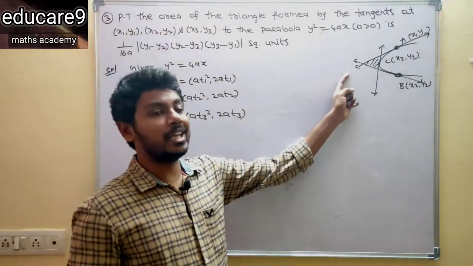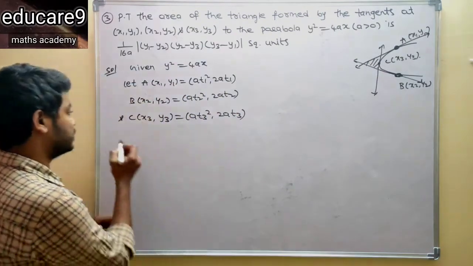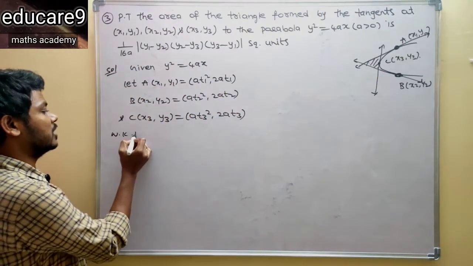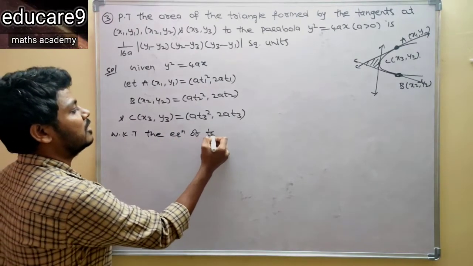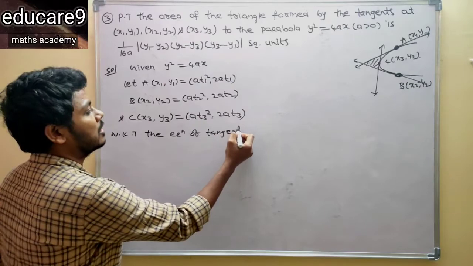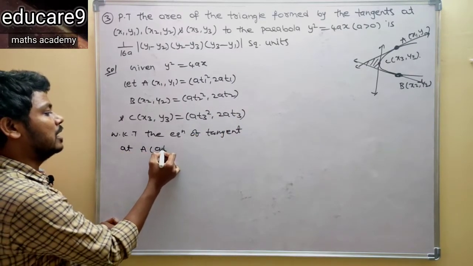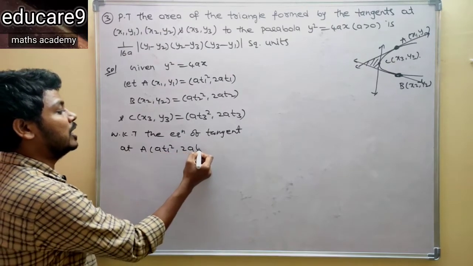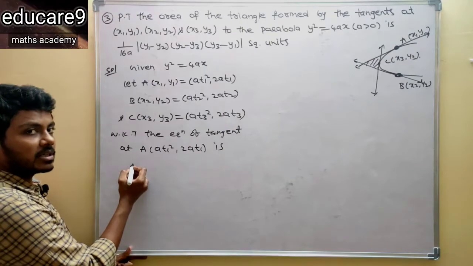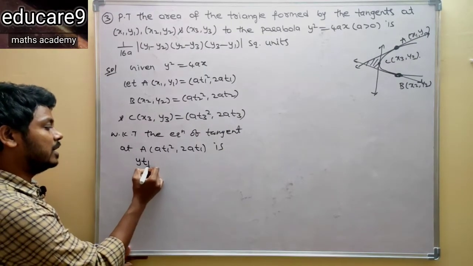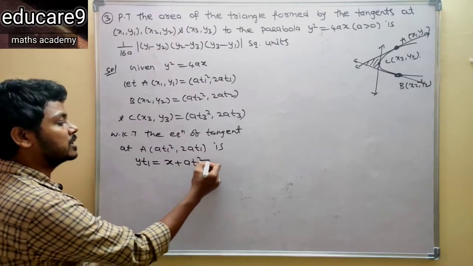Now you need to find the equation of the tangent at these 3 points. See here, you know that the equation of tangent at at1 square comma 2at1 is, what is that equation? yt1 is equal to x plus at1 square.